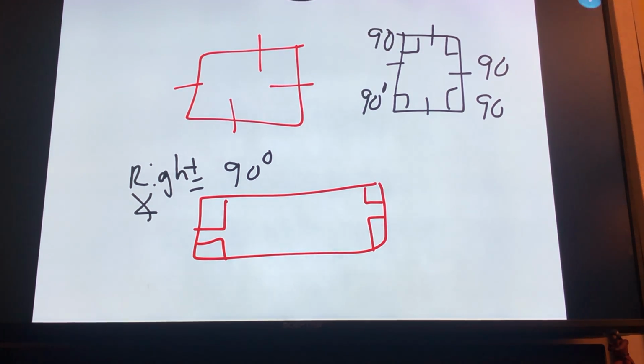So who can tell me what the interior should equal? If we said a triangle was 180, then the interior of a regular polygon should be 360. You guys are killing this.